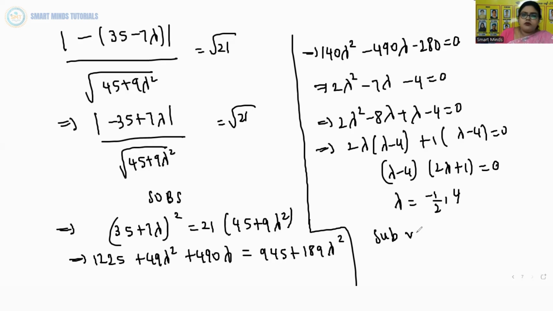Now we substitute the values of lambda in equation number 4. Over here we have got two values for lambda, so we will do one after the other.